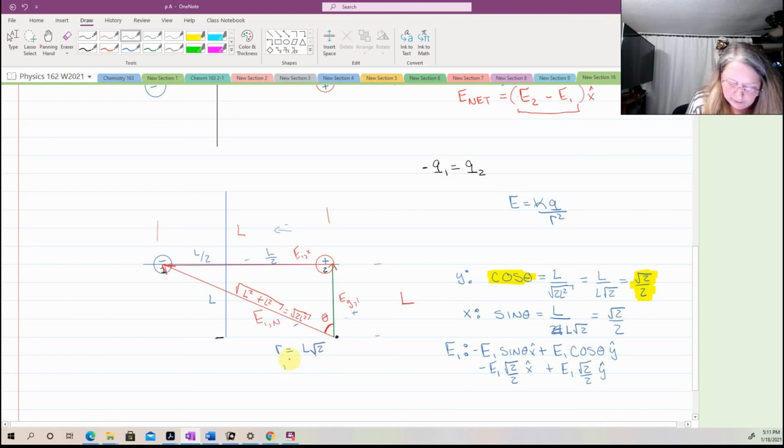So r squared is going to equal L squared times 2. See if that makes sense. If I square the square root, I'll get 2, and my L squared stays L squared.